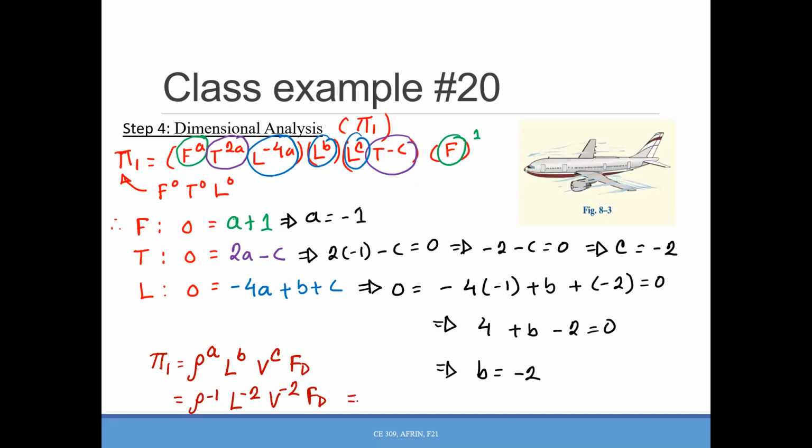Okay. And you can arrange that in that way, that F D over rho L squared V squared. Okay, that is pi 1.